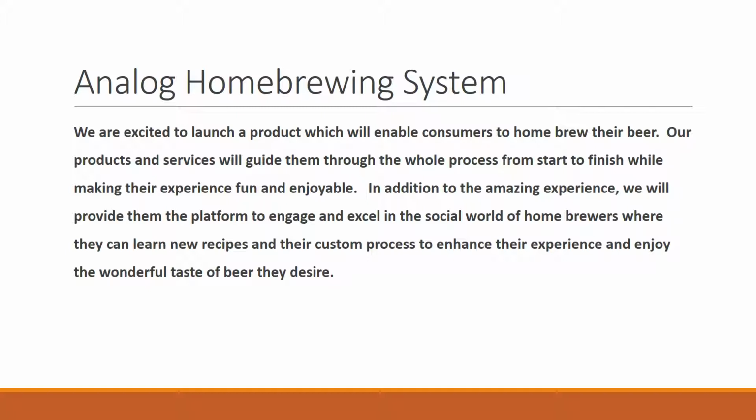The analog home brewing app provides the similar functionality. However, it's more intuitive for people to be able to control the content of the kettle through it and other devices that can be controlled through it.